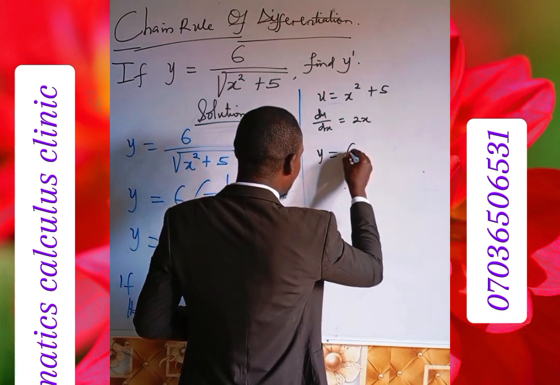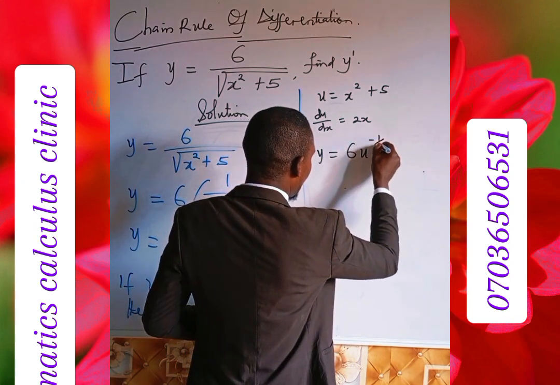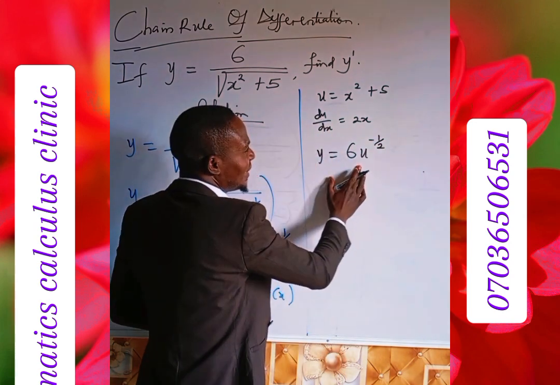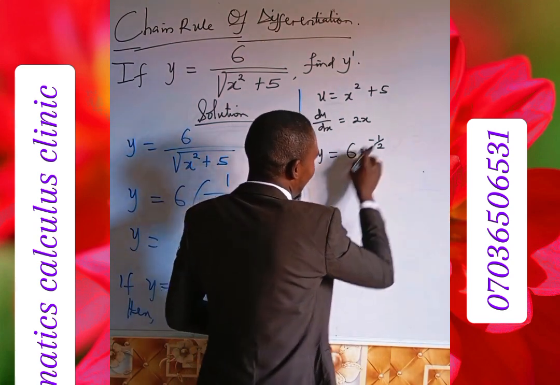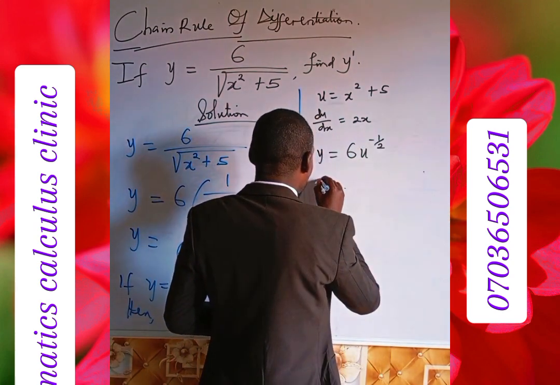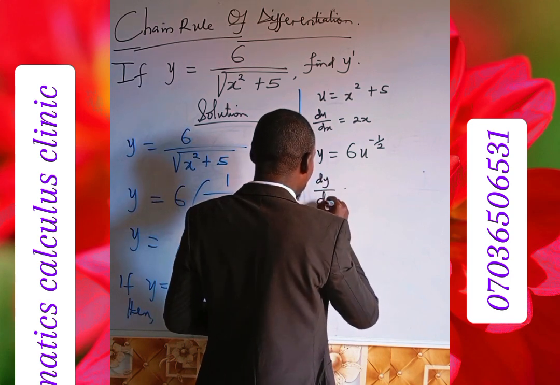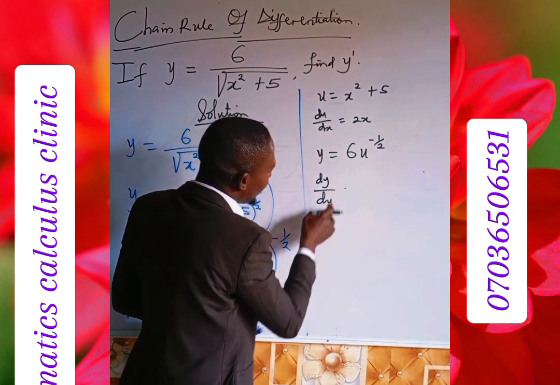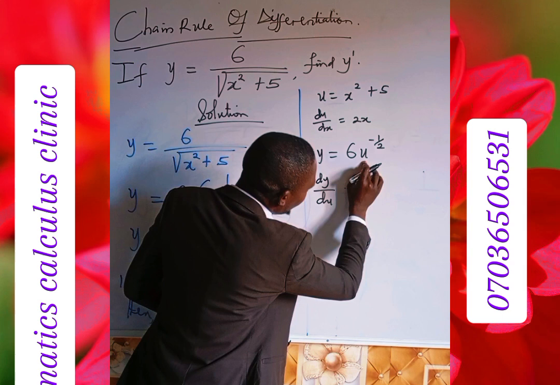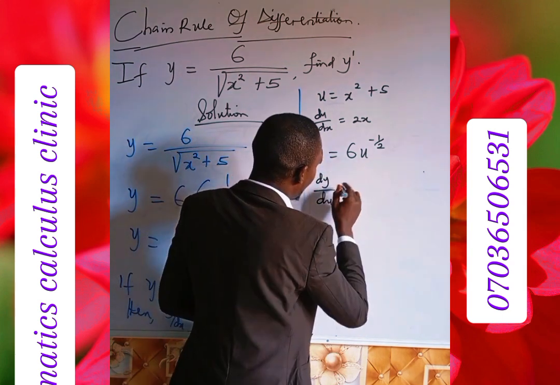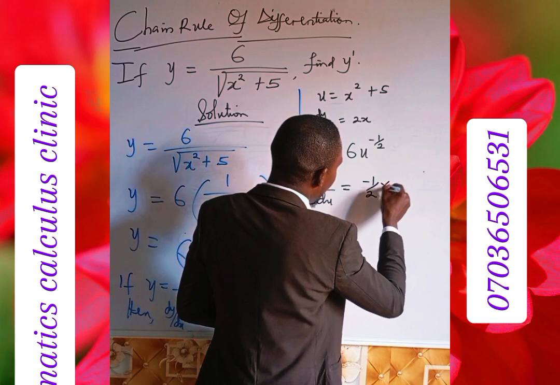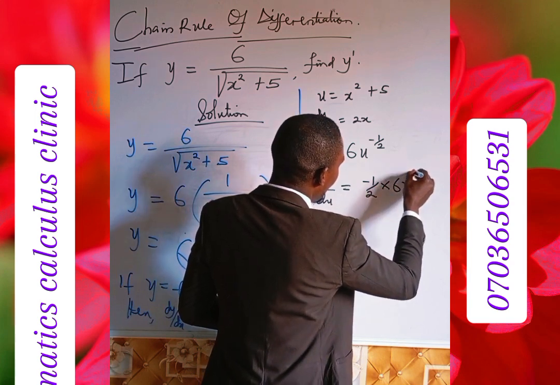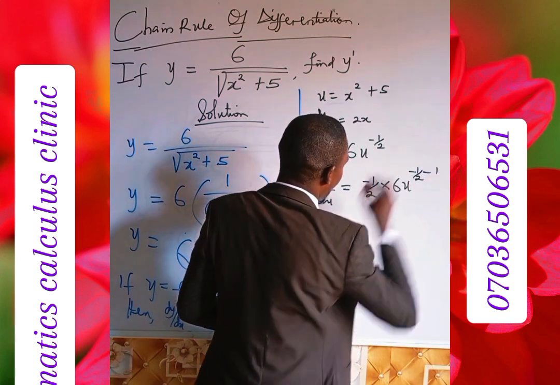So, having made x squared plus 5 as u, y is now what? Y is 6u raised to power minus half. Have you seen it? It is now in that form. This is our x, this is a, and this is n. So, dy/du, why dy/du? Because the function is in u. dy/du will now be what? Minus half times 6 u raised to power minus half minus 1.